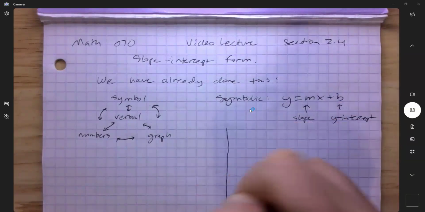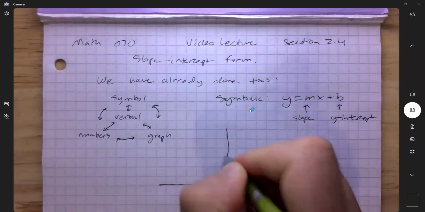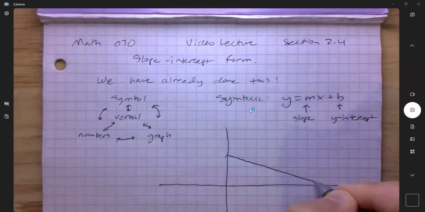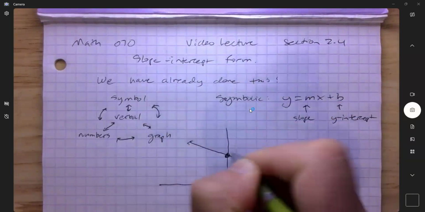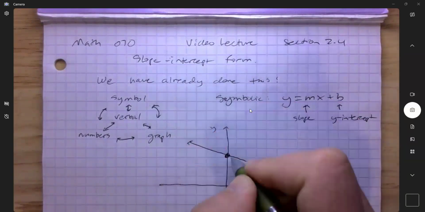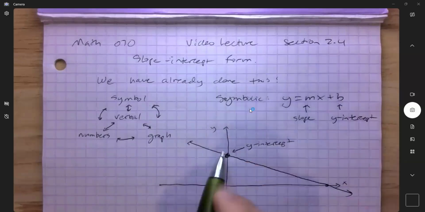Graphical next. The y-intercept is where your line crosses the y-axis.